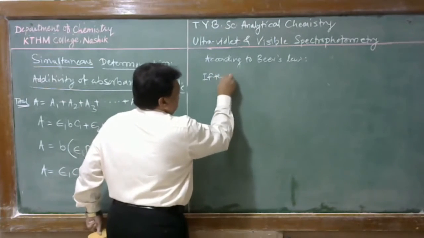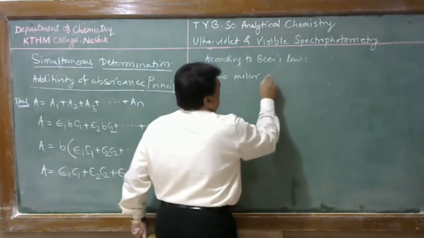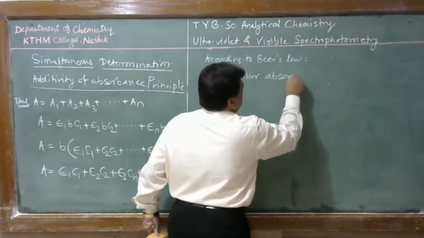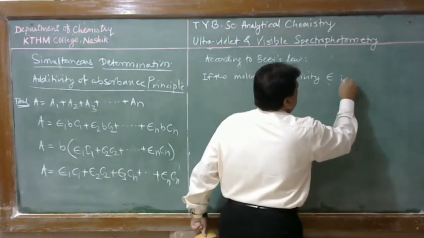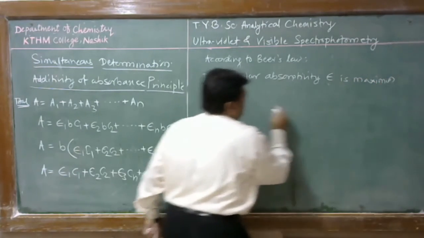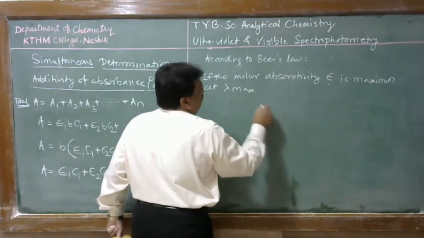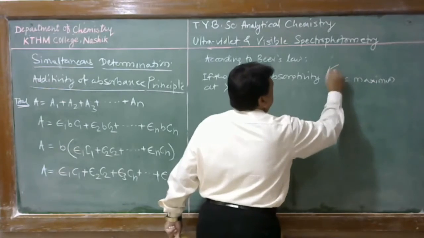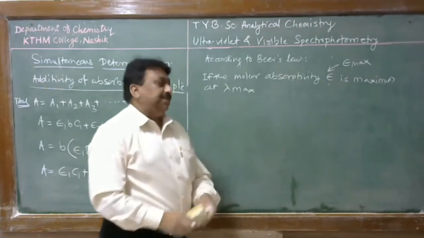If the molar absorptivity, that is epsilon, is maximum at lambda max, then we can say it is epsilon max, that is the maximum molar absorptivity at lambda max.